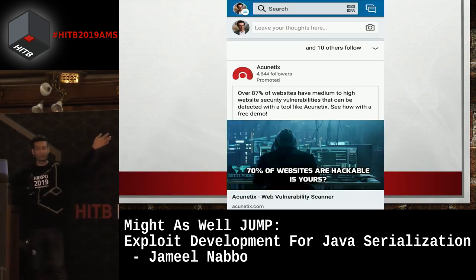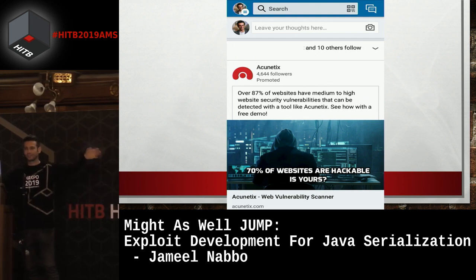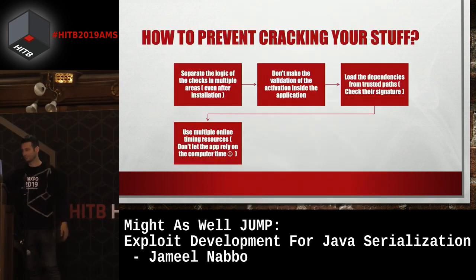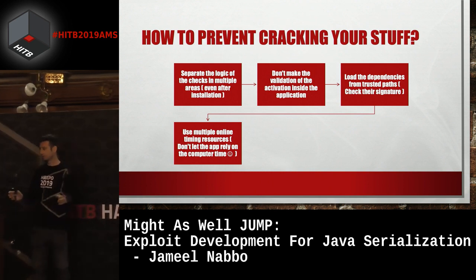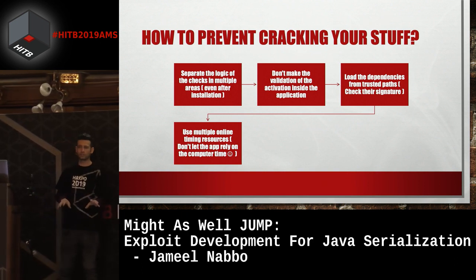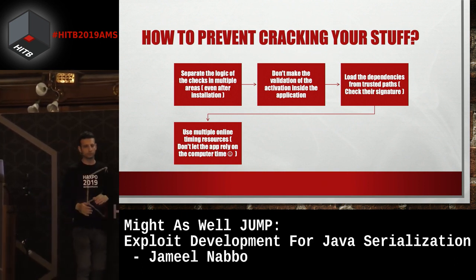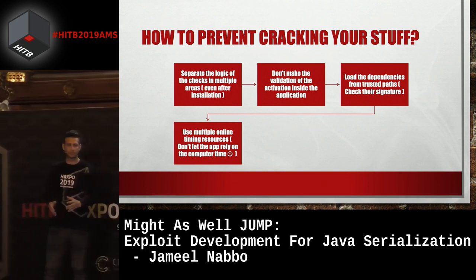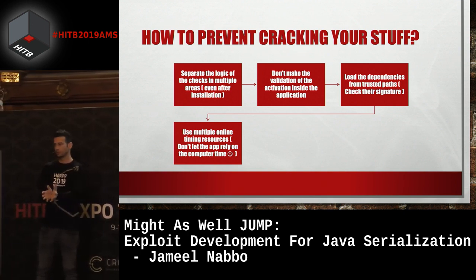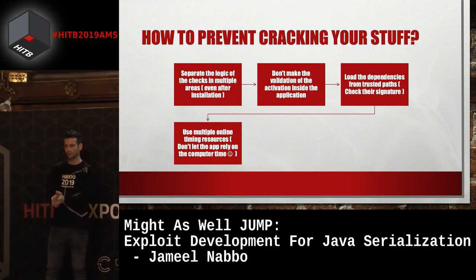This is for fun. I always see it on LinkedIn, people promoting whether a website is secure or not. If you want to prevent it, basically separate the logic of the checks, and every time you make a process to validate something, just separate the logic. Don't put it in, let's say, one DLL or one function and call this function.